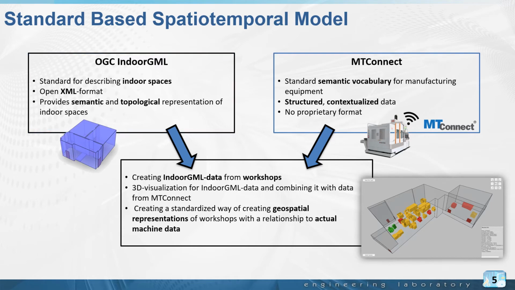For the temporal perspective, we leveraged the MTConnect specification, which is a standard semantic vocabulary for manufacturing equipment. By leveraging existing tools supporting IndoorGML, as well as the publicly available NIST SMS testbed, we built a standards-based model that combines the two perspectives for data visualization.